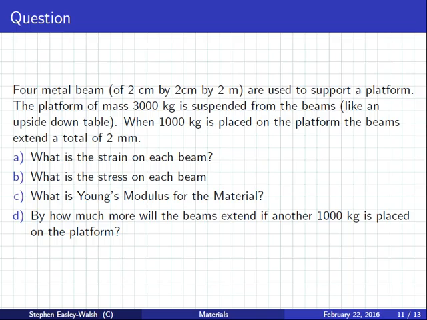Oh, each beam. Yeah. Take the total strain and divide by 4. So you do total and divide by 4. Or you can do this number divided by 4 to get 1. Whatever. Yeah. The length is 2 meters at the start.